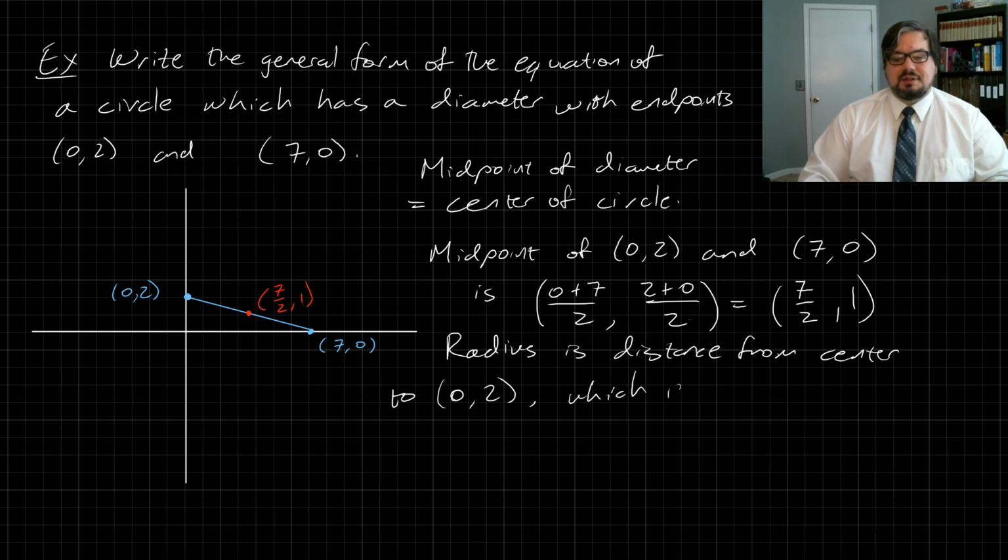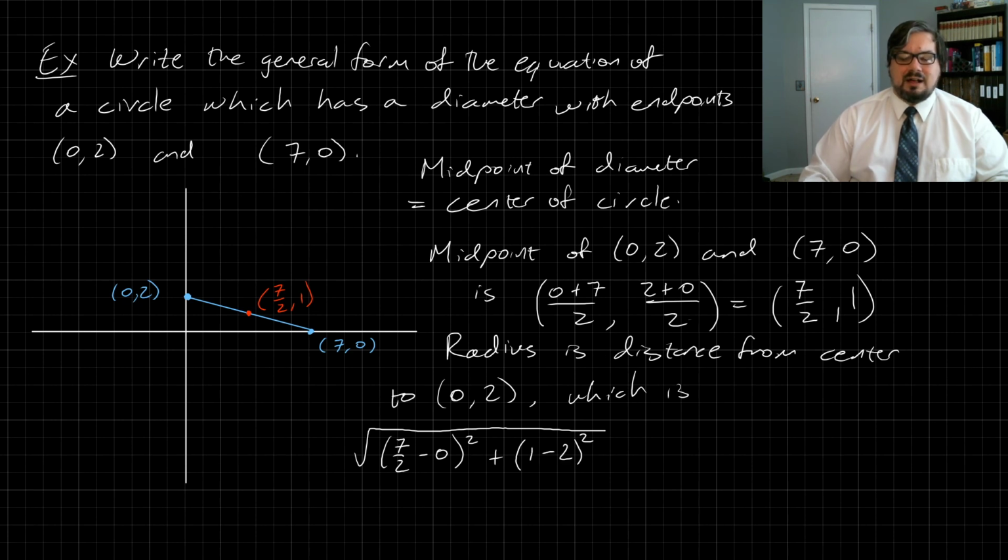Which is, we can use the distance formula. We want the distance from the center to 0, 2. So we'll take the difference in the x values squared, so 7/2 minus 0 squared, plus the difference in the y values squared. So that's going to be the square root of, now 7/2 squared is going to be 49 over 4.